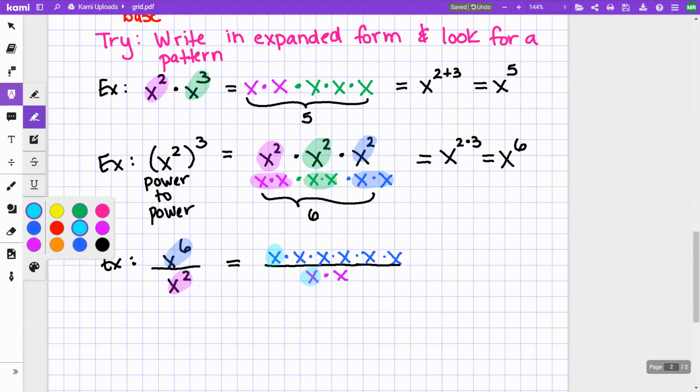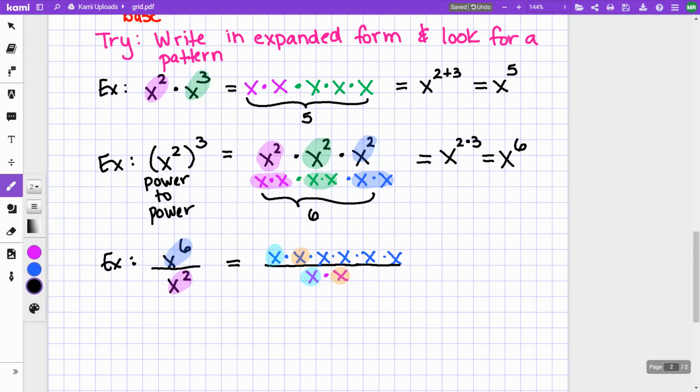And this x on top and this x on bottom cancel out and become a 1. And how many x's do I have left? I have 1, 2, 3, 4. Now, what happened? I had 6 of them on top. I had 2 of them on bottom. So what I want to think about is how many x's can we cancel from top and bottom?